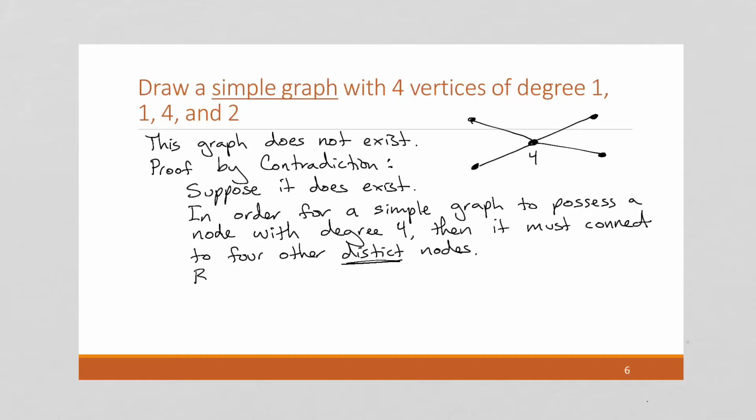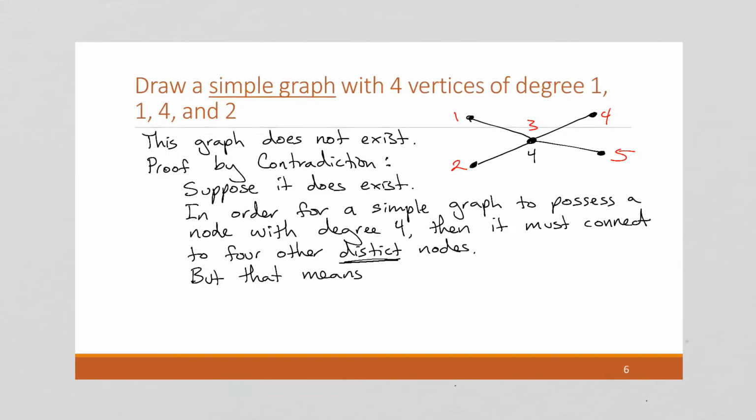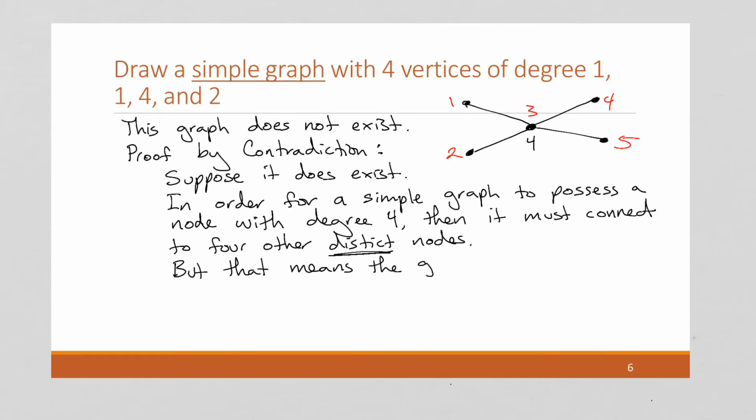But what does that mean? Well, how many vertices are there? There's going to be 1, 2, 3, 4, 5. That means the graph must have at least 5 nodes in it. But there's our contradiction.